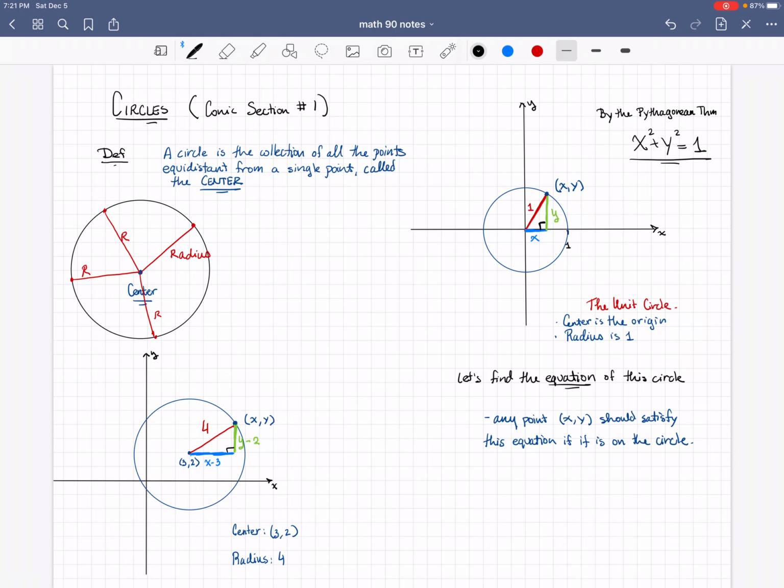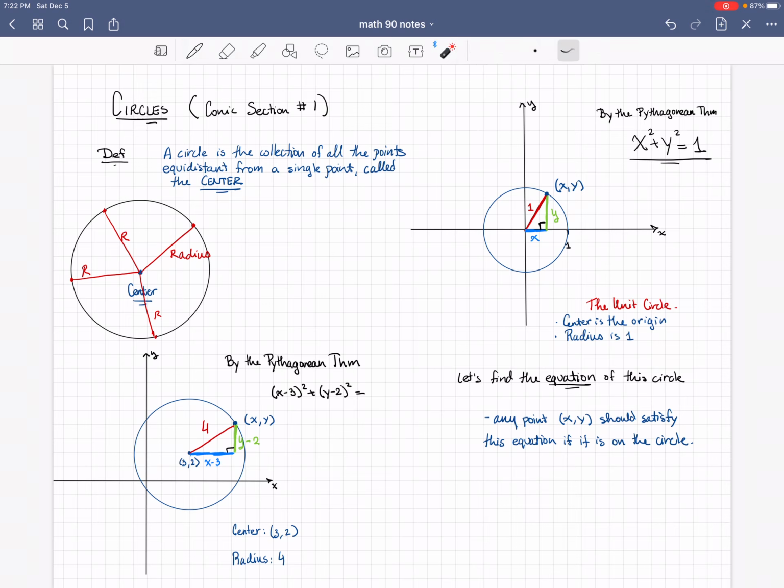So in this case, by the Pythagorean theorem, (x minus 3) squared plus (y minus 2) squared is equal to what? Pause the video and think about it. You're right. The Pythagorean theorem says the sum of the squares of the lengths of the legs is the square of the length of the hypotenuse.